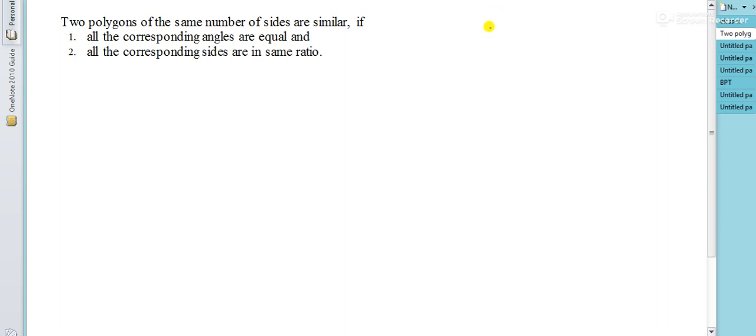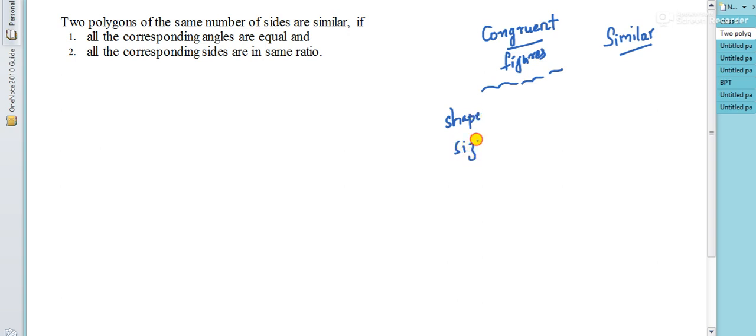I hope you are aware of the topic known as congruent and similar. Are you aware of congruent figures? You might have studied this in class 9. See, the congruent figures are those with the same shape and size. Both their size and shape are equal.